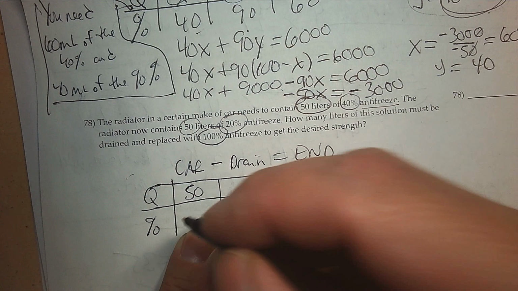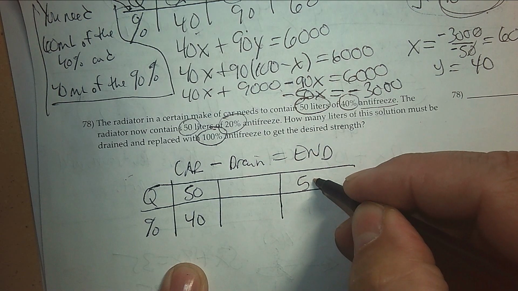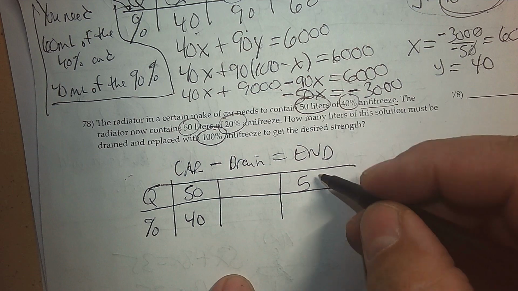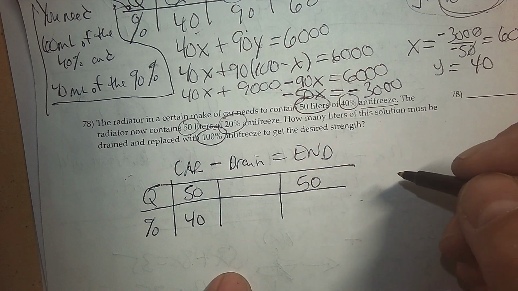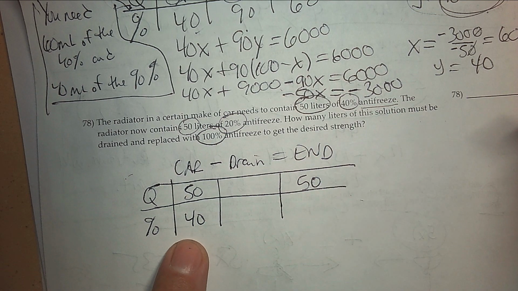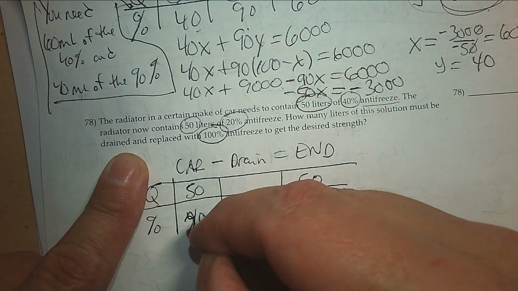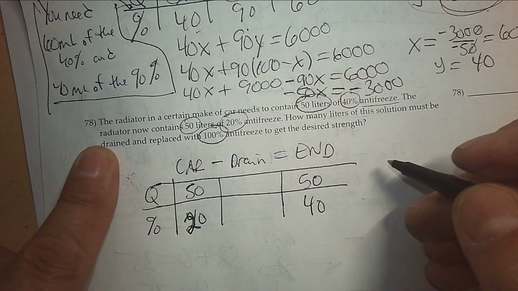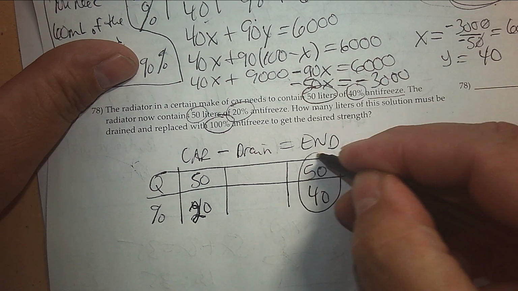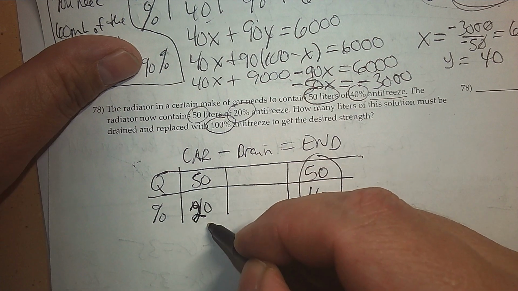And what's the percent? The end, what do I need? The end, I still need 50. Sorry, the radiator now contains 50 liters with 20%, but the end amount needs to be 50 with 40%. The end needs to be 50 with 40%, and the car right now is 50 with 20%.